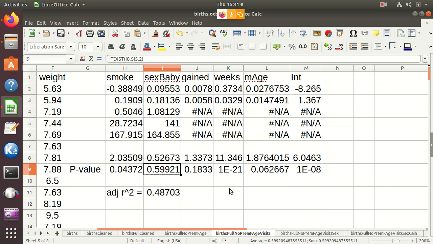And that is part of the reason why males are actually more likely to succumb to various problems when they're first born. And so I'm kind of surprised that at least in this data set, it didn't seem to matter at all.